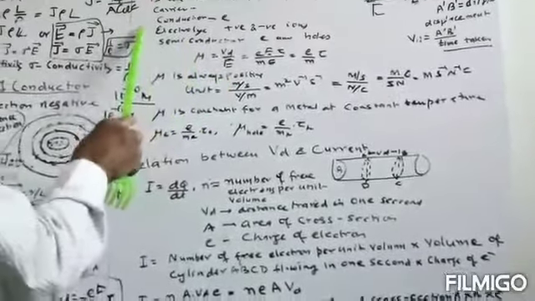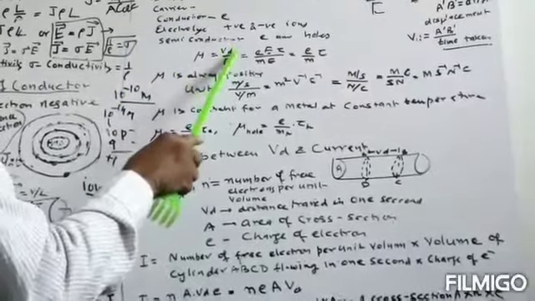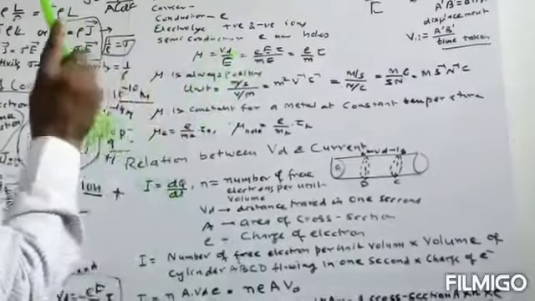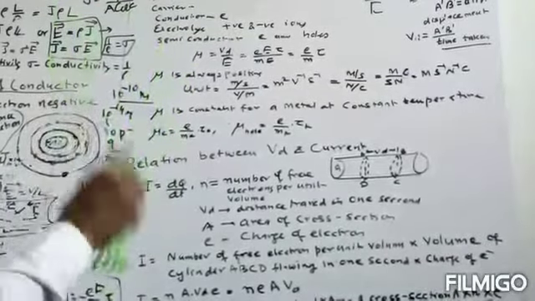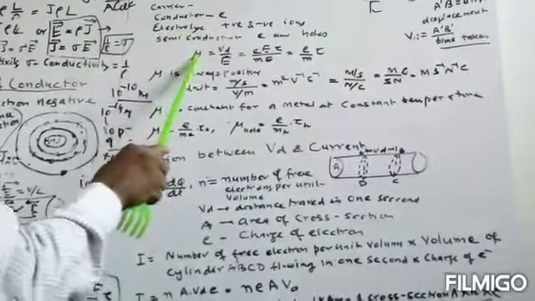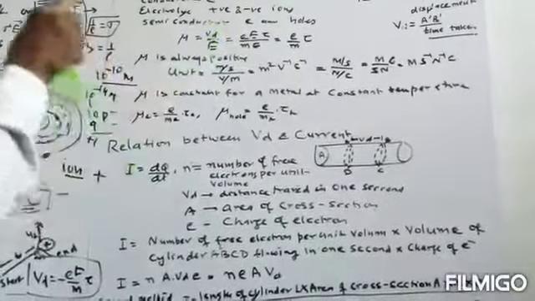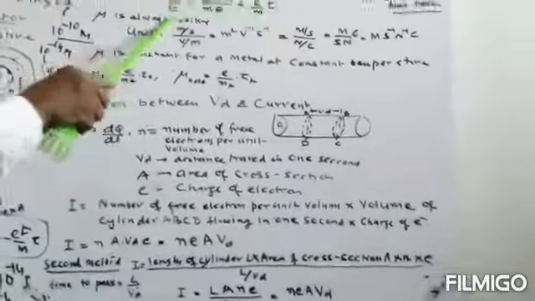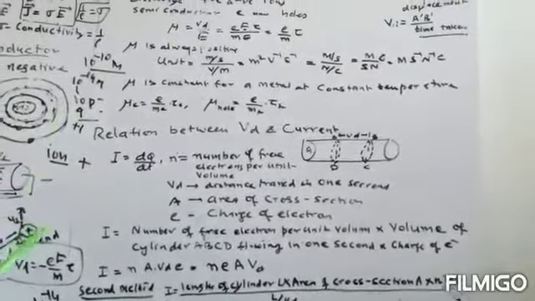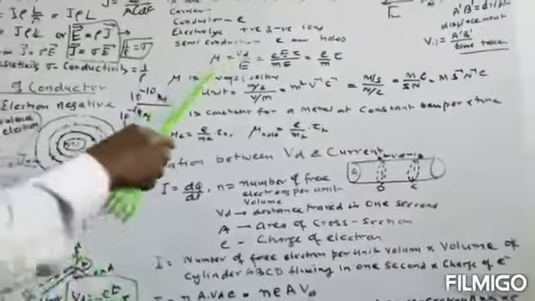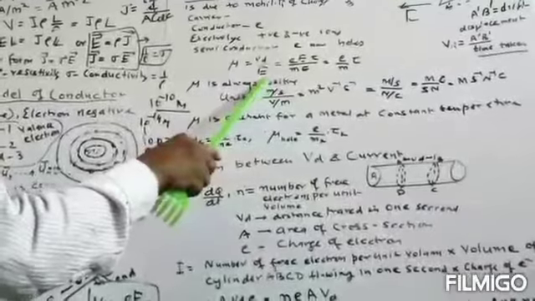Mu is a positive quantity, so instead of the drift velocity, we take the magnitude of drift velocity, which is equal to drift speed. So mu is equal to Vd, where Vd is the magnitude of drift velocity and E is the magnitude of electric field. So the mobility is the drift velocity per unit electric field.